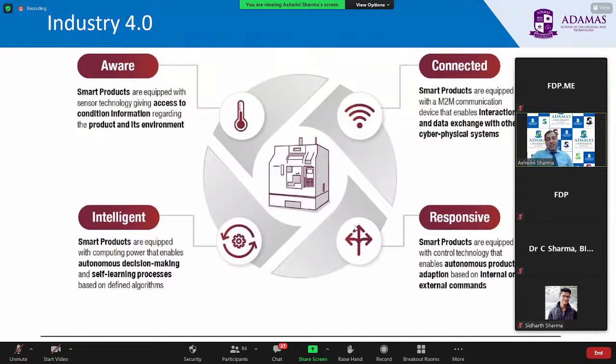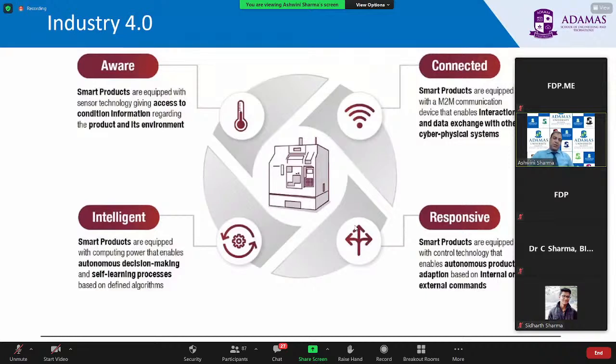Then the system should be intelligent also. These products are equipped with computing power that enables autonomous decision making and self-learning processes based on defined algorithms. We consider in advance how the product will be used or how the user is going to behave with the product. In that way, we can put intelligence into it. A very good example of this is the washing machine. Previously it came out as semi-automatic, and now it has come out as automatic.